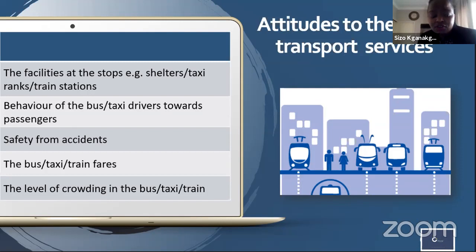They're concerned about issues of safety, and they're concerned about fares as well, and then the level of crowding in the taxis, buses and trains. And I can only assume that the level of crowding is going to become that much more important, or one of the biggest concerns now, due to the COVID pandemic.